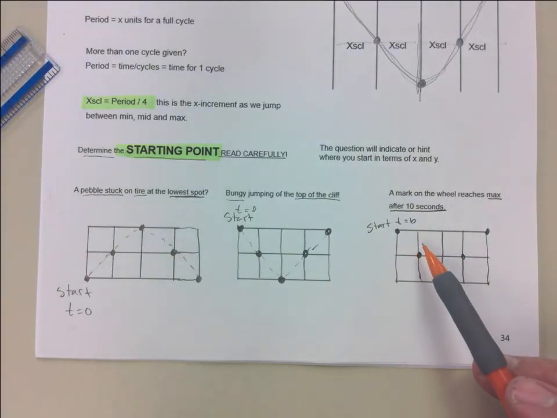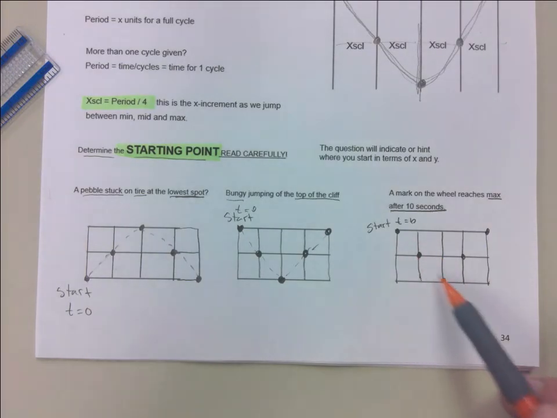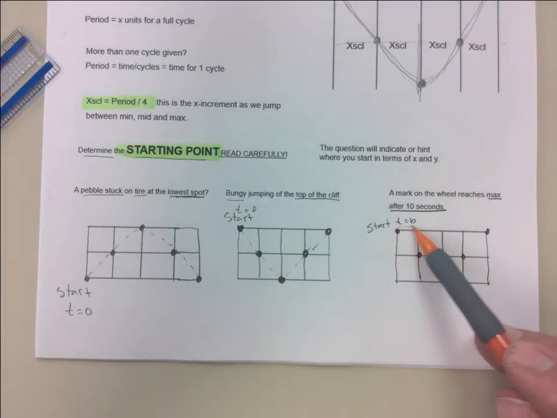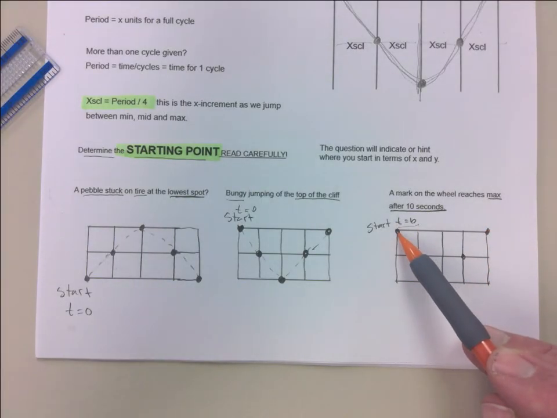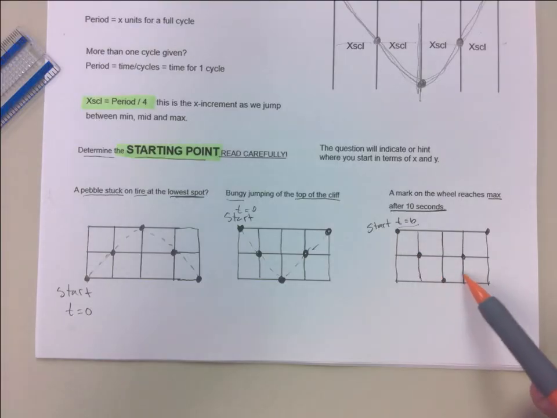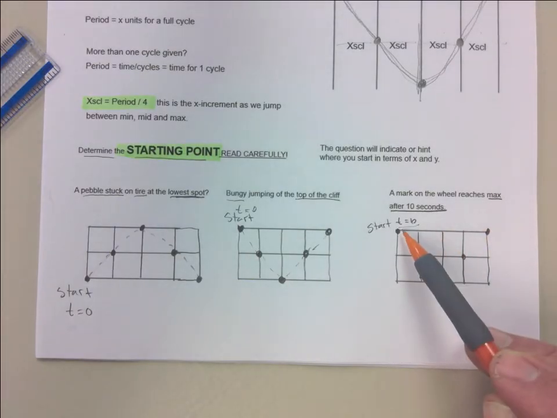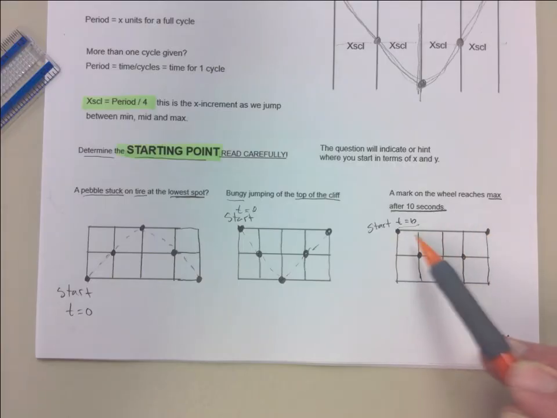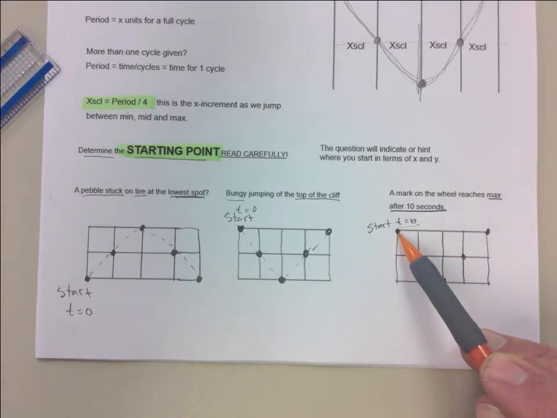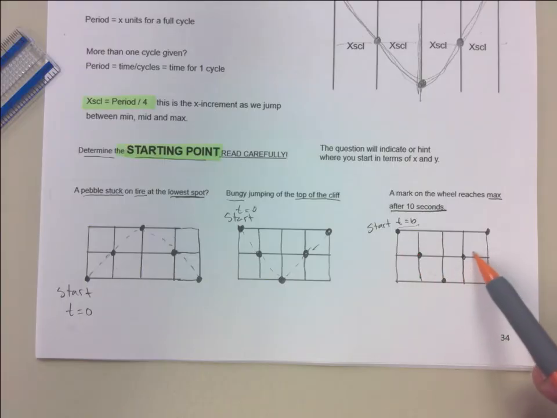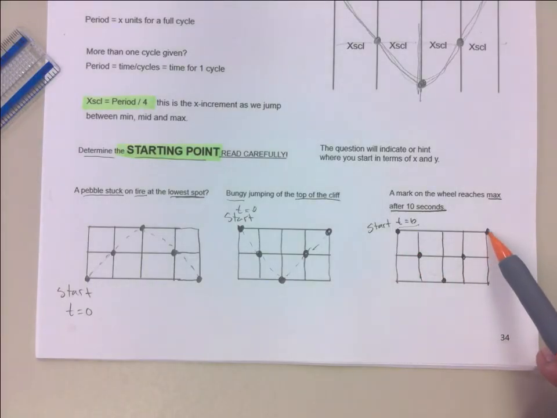Question. Let's go back to swinging. If it takes 2 seconds for a full swing, and it's time 10 seconds here, what is the time going to be here? 12. Because it takes 2 seconds to go from here to here. If you start at time 10, another 2 seconds would mean that here you would be at 12.